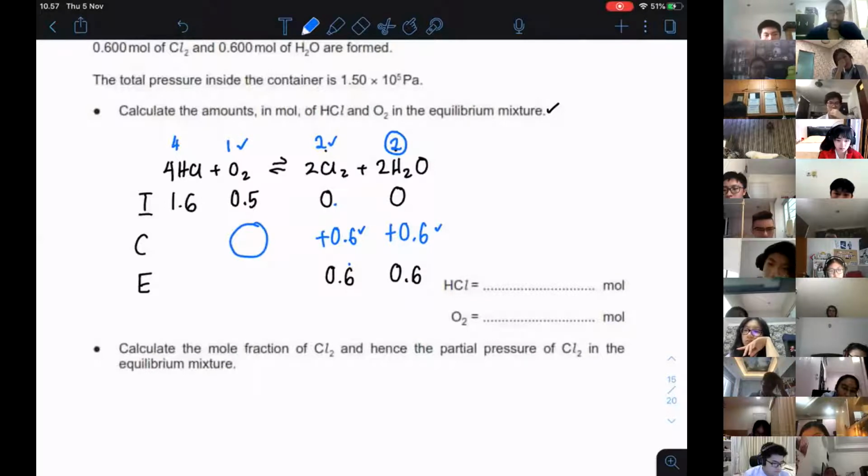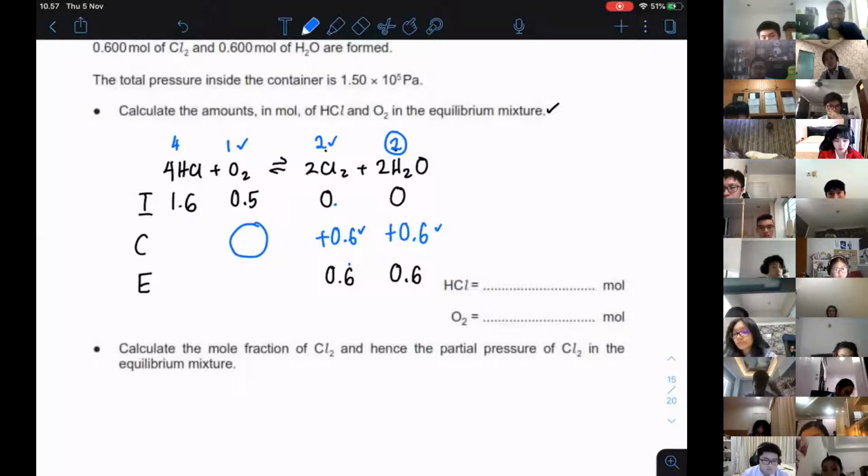Megan? 2 is 0.6. 1? 0.3. Yeah. If 1 is 0.3, 4 is, right? 1.2.